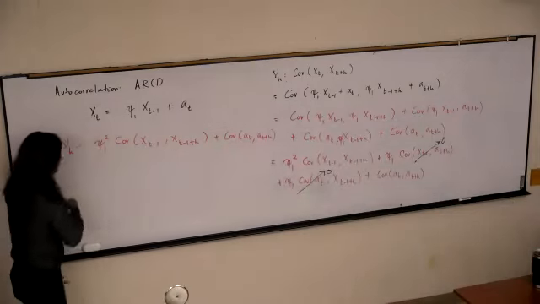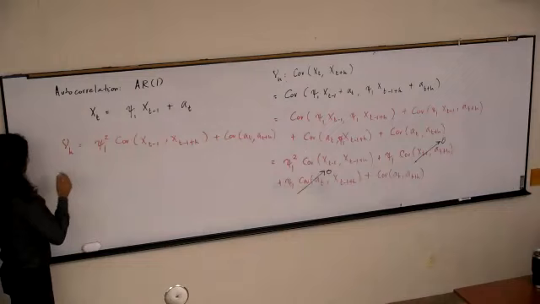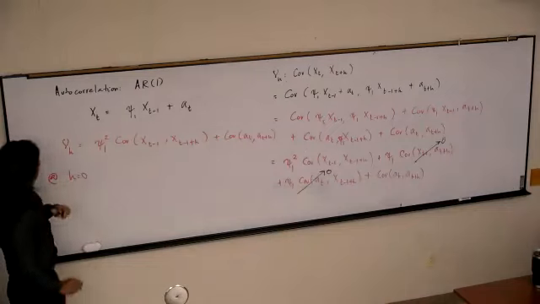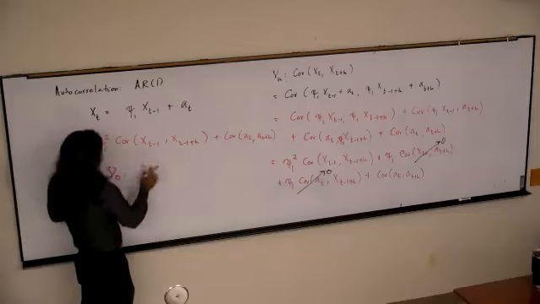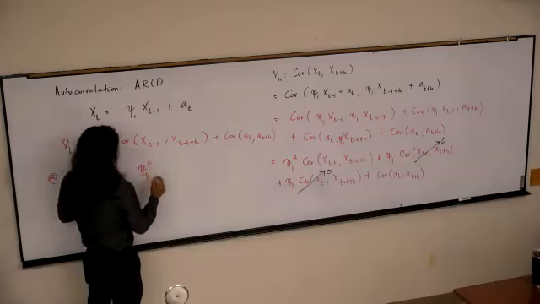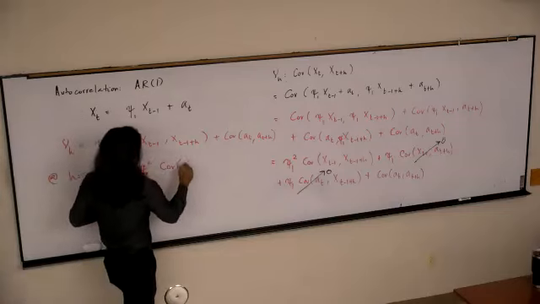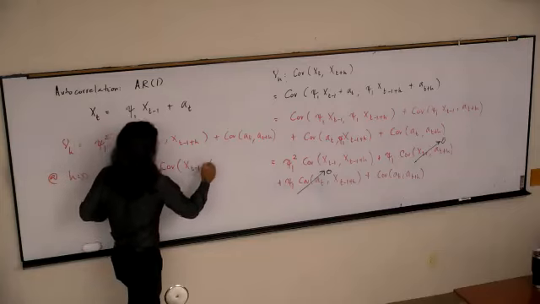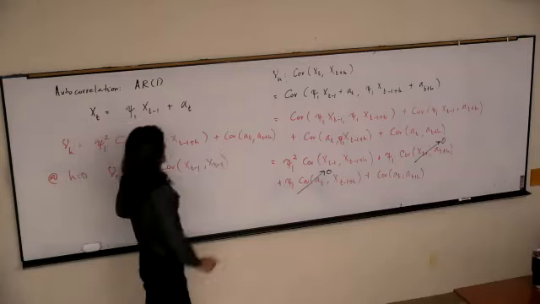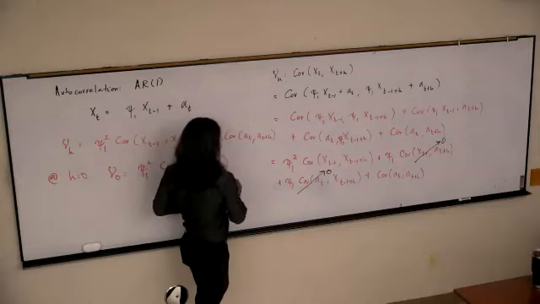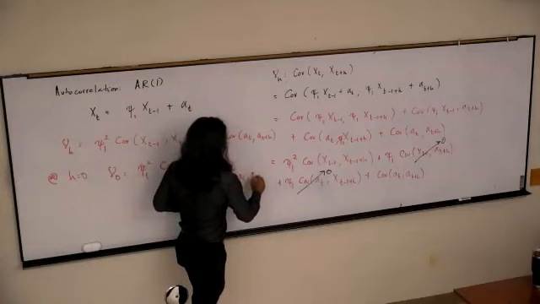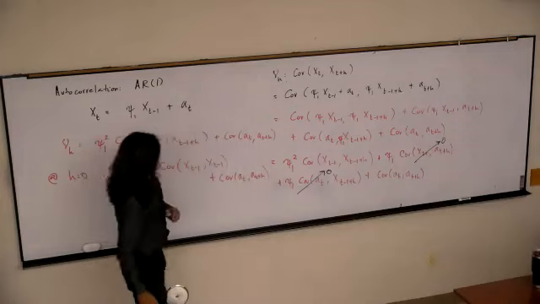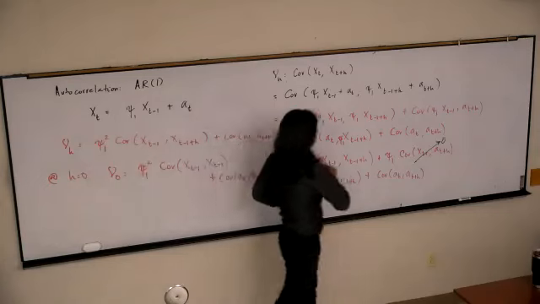Okay, if h is 0, that expression would reduce to psi 1 squared covariance of xt minus 1, comma xt minus 1, plus covariance of AT and AT plus 0.